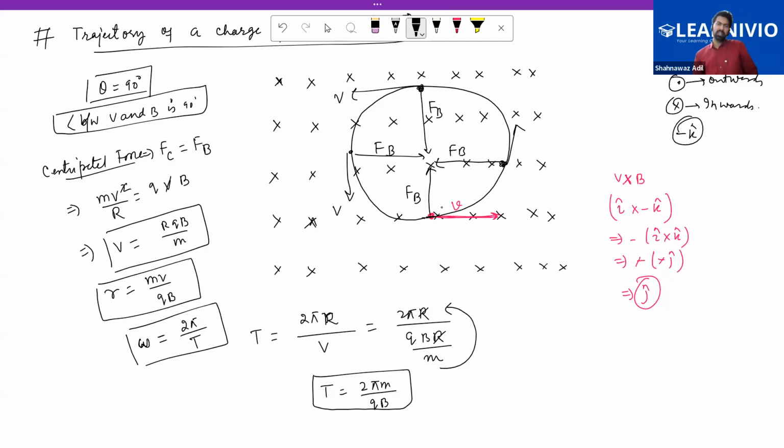If it is making a 90 degree angle, then there would be a circular path that it will follow. Then we'll talk about what happens when it is making some arbitrary angle.